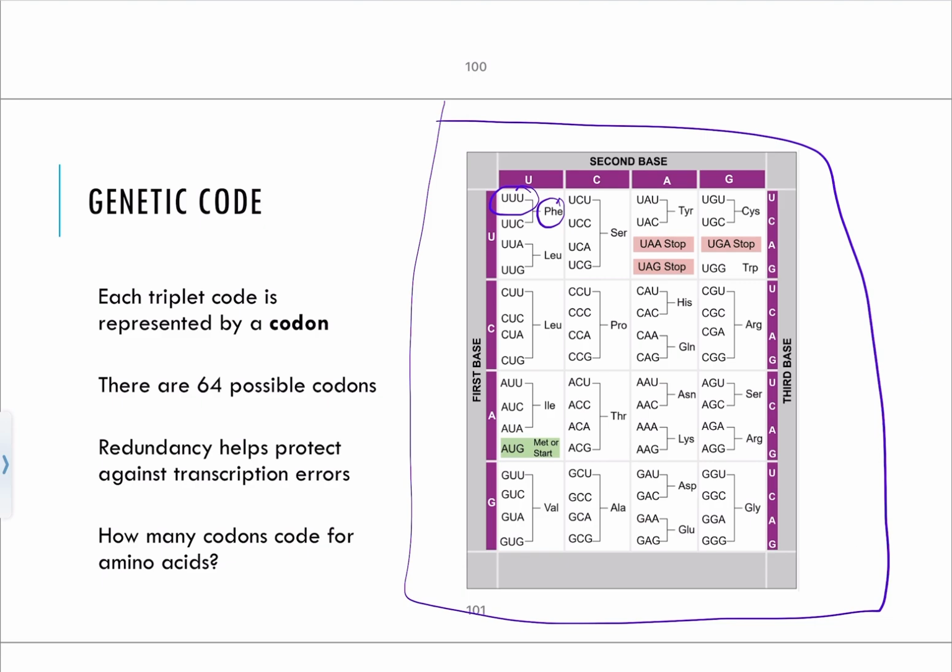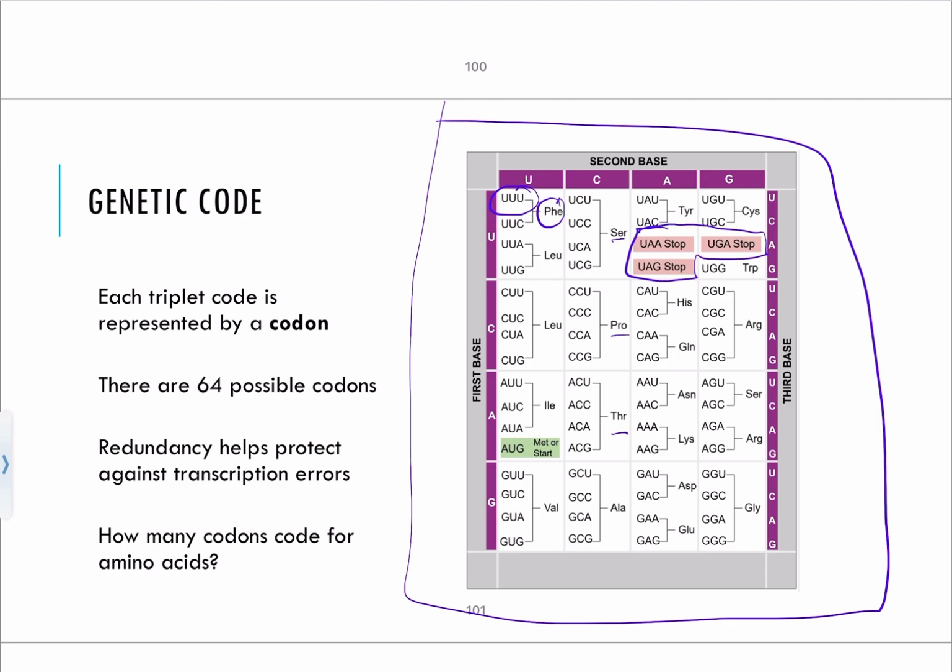Looking at this genetic code over here, there are 64 possible codons, again, those triplets of 3. However, only 61 actually code for an amino acid. So these are your amino acids over here. Over here, if you look, these 3 do not.